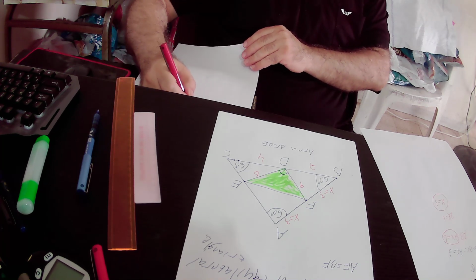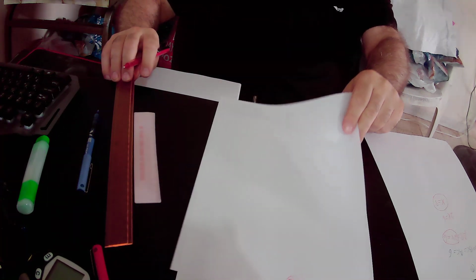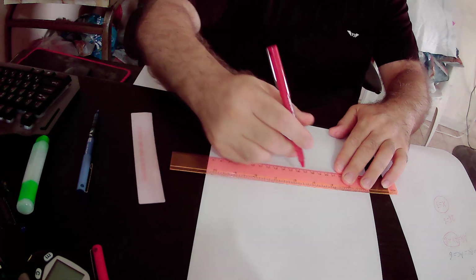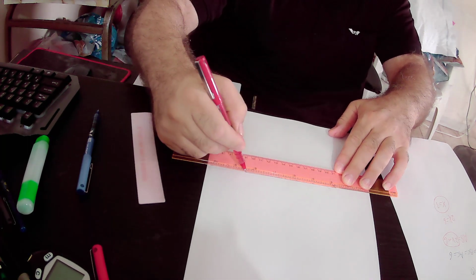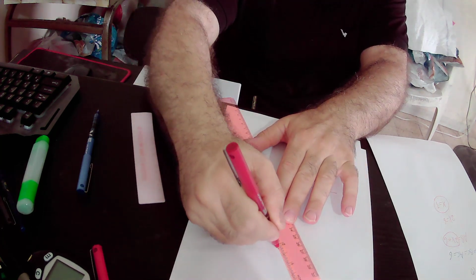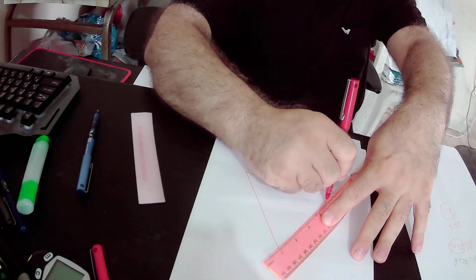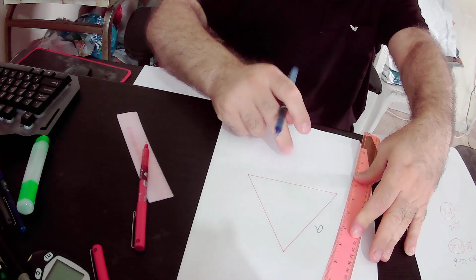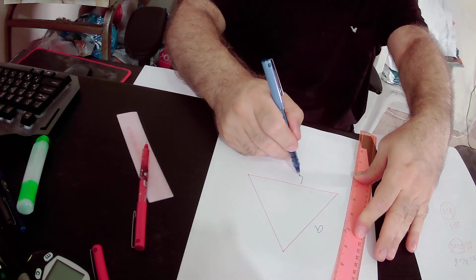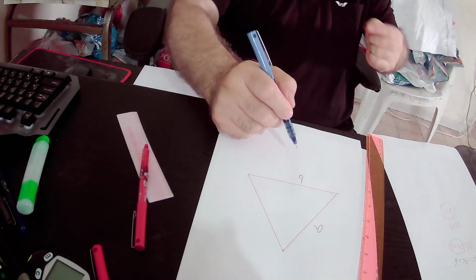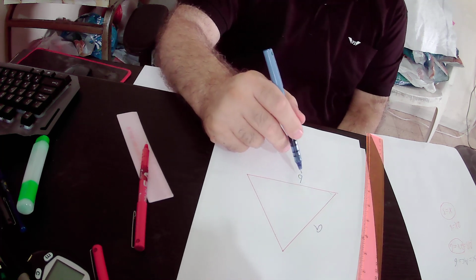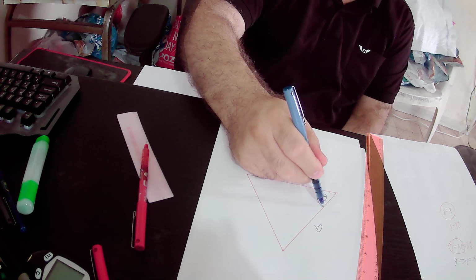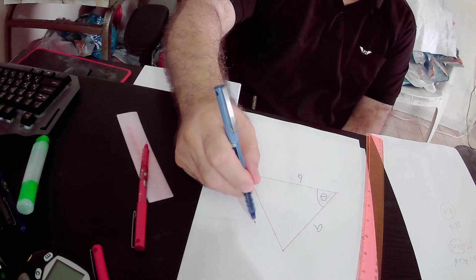If we have a triangle, this side of the triangle equals A, this side equals B, and the angle between side A and side B equals theta, and this side of the triangle equals C.